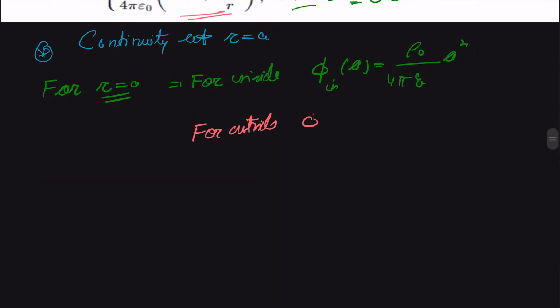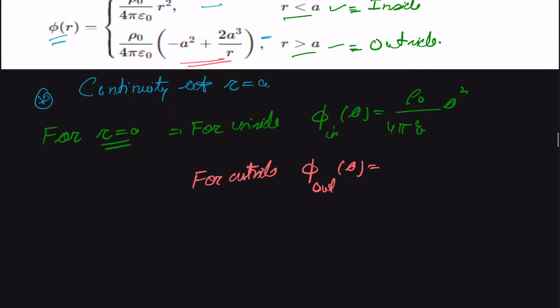So we get the potential outside at the point a, and this will come as rho naught over 4 pi epsilon naught, and this is minus a square plus 2a cube upon a, and this a goes by a square, so this will be minus a square and plus 2a square.